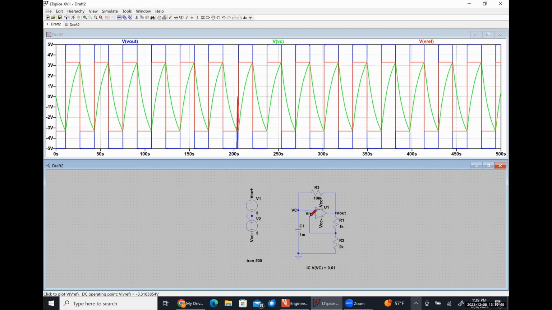Realistically, you wouldn't actually use resistors here because they take up too much space. You would load this thing with a BJT current mirror. So that current mirror would look something like this.